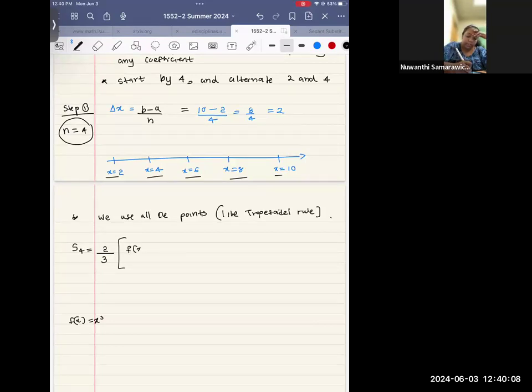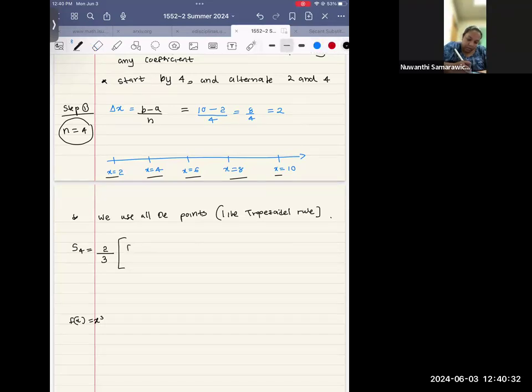So f(x0) plus, we start from 4, f(x1)... I mean f(x). Let's first just substitute the values, then it will be easy.